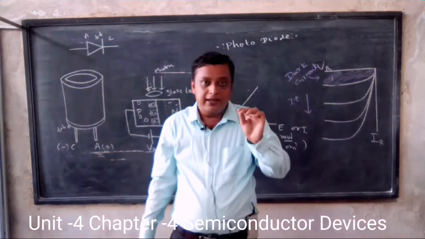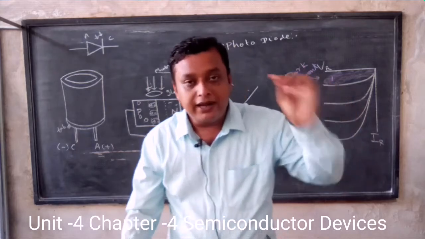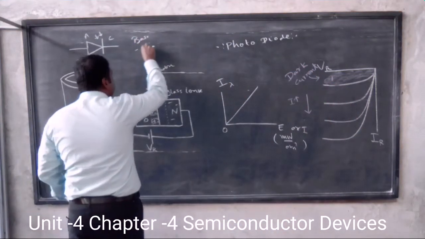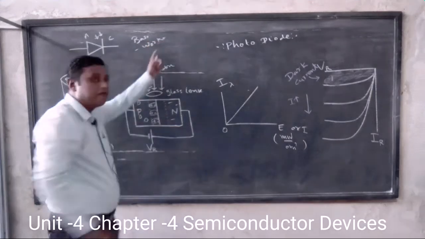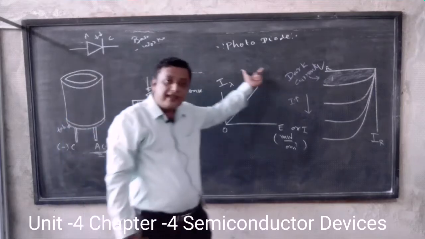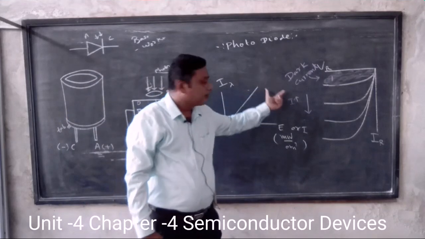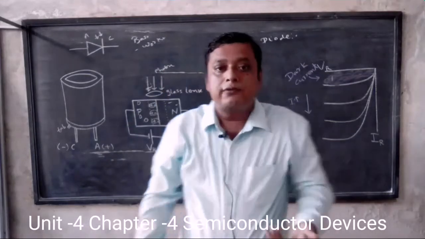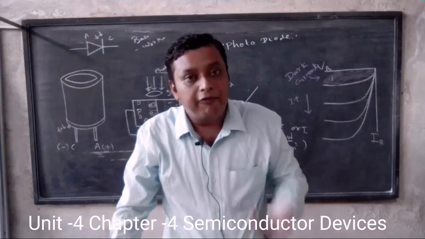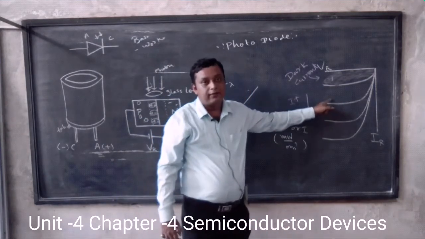After completing the basic principle, we will write the working with a schematic diagram, the IV characteristics, the current voltage characteristics of the photodiode, and how the intensity of the light energy affects the current voltage nature.